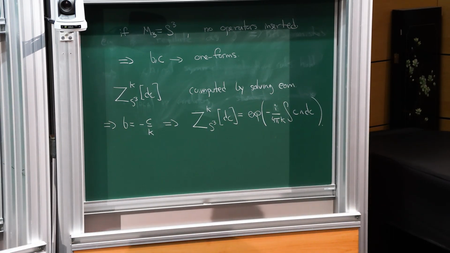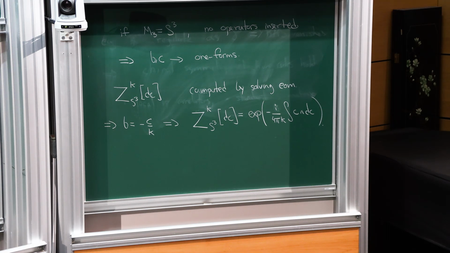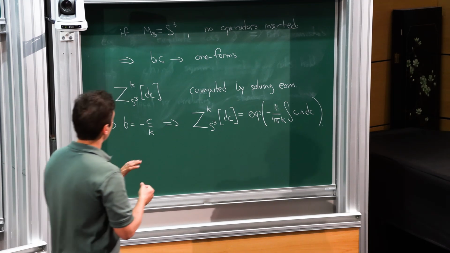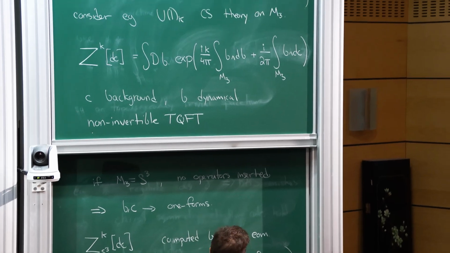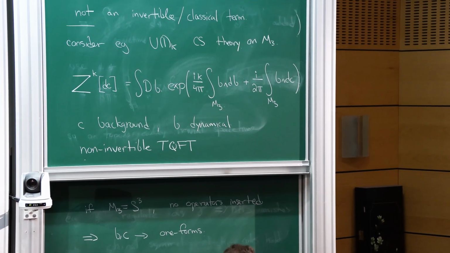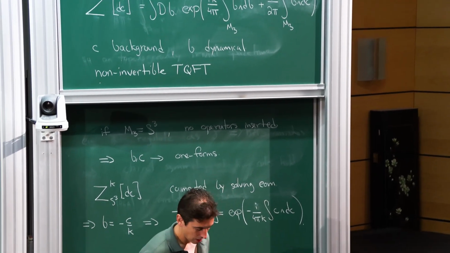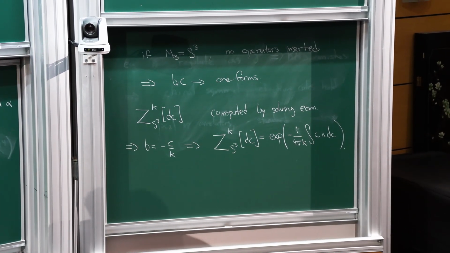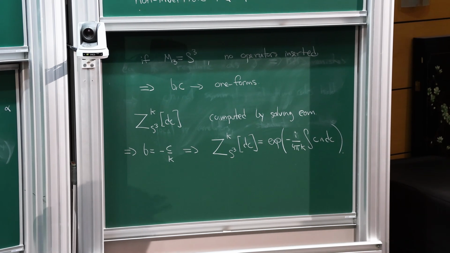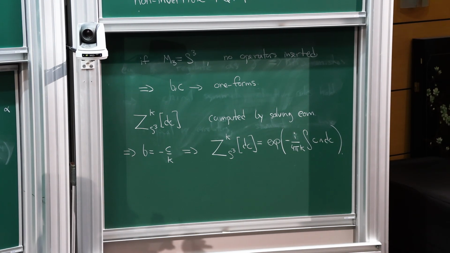But there's an interesting theorem, which I'll mention since you asked, about something kind of universal about this U(1) level k: any other TQFT which has this same eventual coupling to C, you can think of it as this U(1) level k times something that doesn't couple to C.